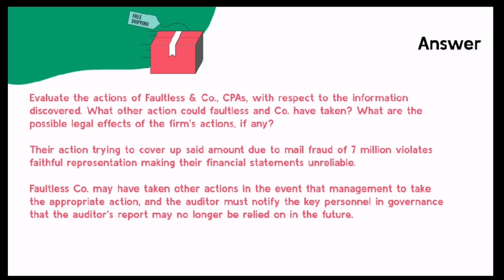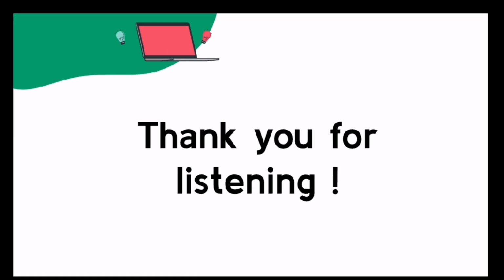When third parties receive the financial statements from Faultless and Company, they should be made aware and they should not rely on the information included in them. If the previous opinion does not match the opinion to be performed on the updated financial statements, it may be necessary to include an emphasis of matter paragraph and other matter paragraphs in the independent auditor's report.